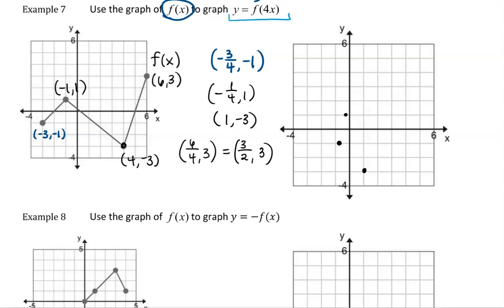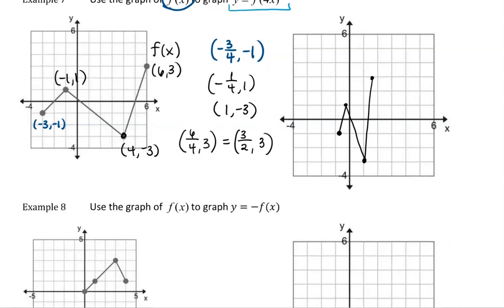So I have the point about 1.5, 3. So now I'm going to connect these points in the same manner they were connected before, and then we'll see what the graph of f of 4x looks like. So these are connected here, these are connected here, and that's connected like that. And because that graph has been horizontally smushed in by a factor of 4.